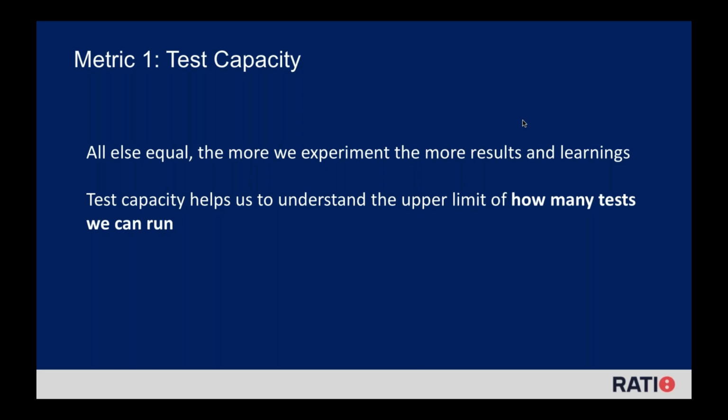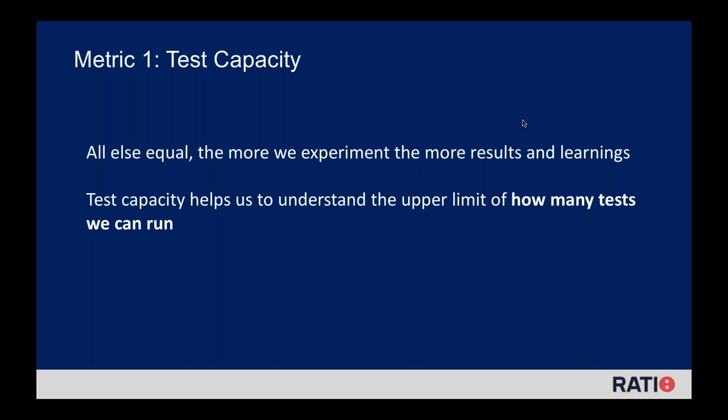Now, you could imagine that all else equal, that is, provided that the quality of your tests remains the same, the more that you experiment, the more results and learnings you will achieve. But it's hard sometimes to have a benchmark as to what sort of velocity of experimentation you could be achieving, and therefore how much headroom you have to grow your experimentation program.